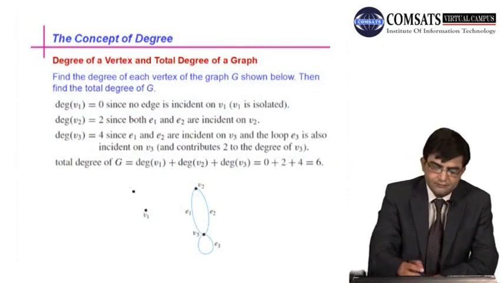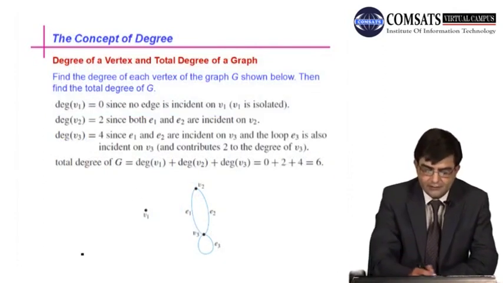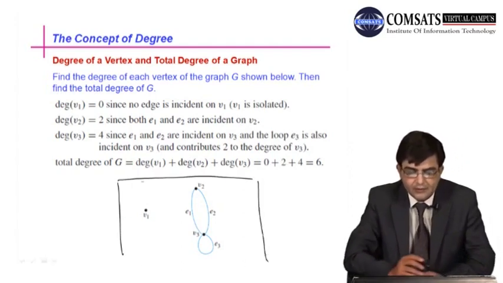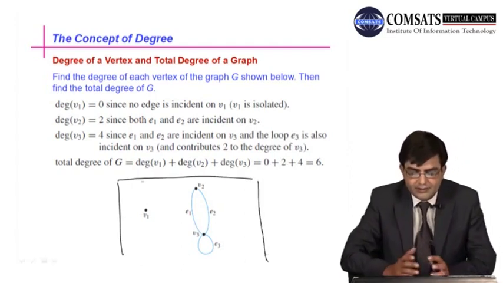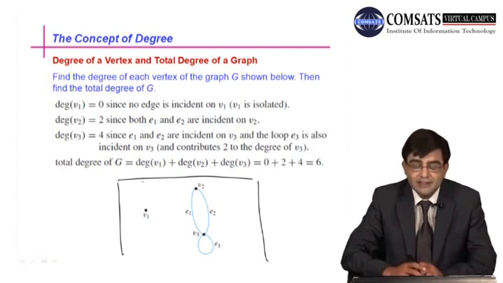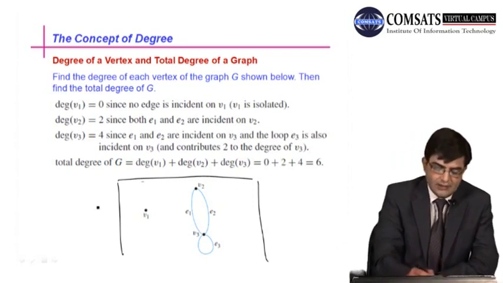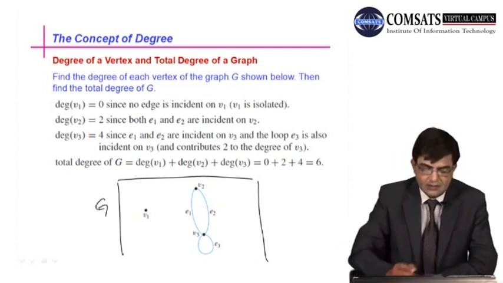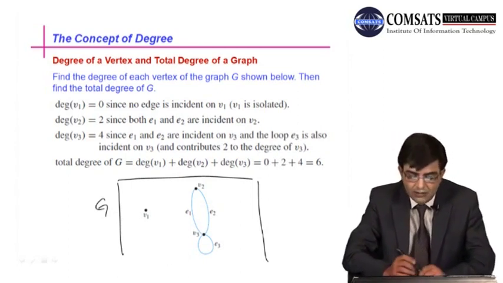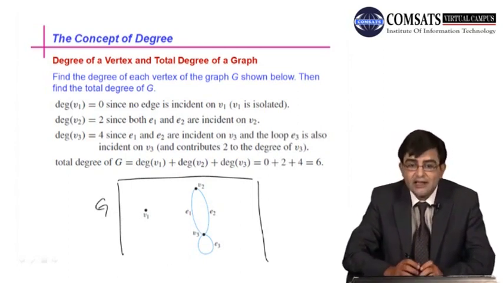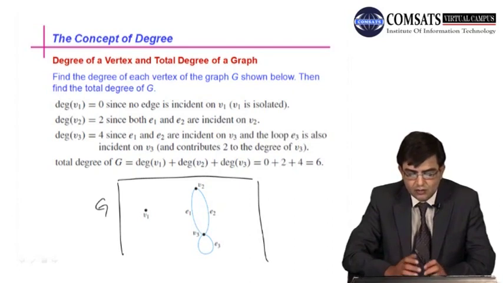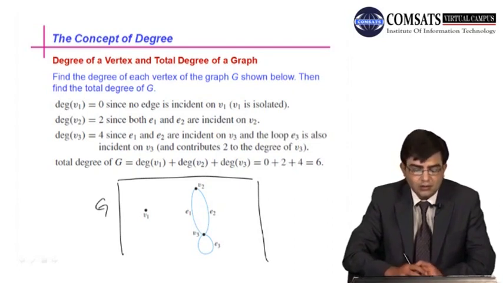Here we have a graph, as we discussed in the previous example. How to calculate the degree of a vertex and the degree of a graph, we have already discussed. Here is another example. We have this graph G with 3 vertices and 3 edges, so we shall calculate the degree of all the vertices.